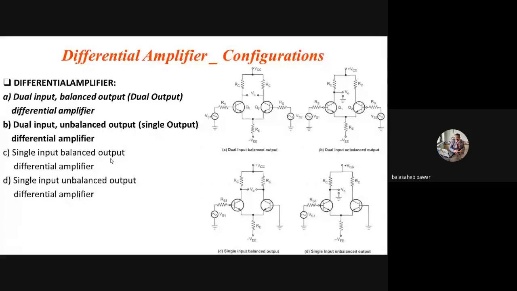The respective circuit diagrams I highlighted over here. Is it visible properly? See, this first one is dual input balanced output. Two inputs are shown, VS1 connected to the base of the first transistor, VS2 connected to the base of the second transistor. And VO is mentioned between the collectors of both. That means across the collector terminals of both transistors, we are taking the output voltage.